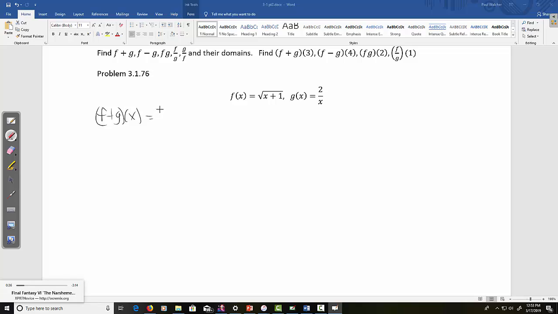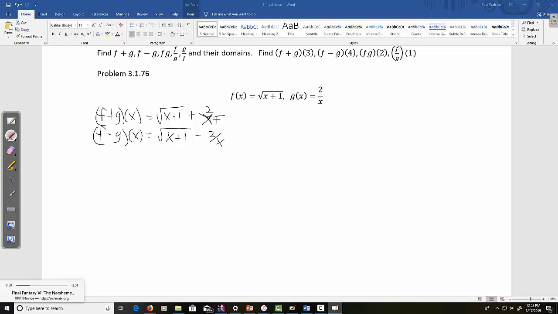Unless you're dealing with another root, you often can't do that much simplification. So square root x plus 1 plus 2 over x. There we go. F minus g of x would be square root of x plus 1 minus 2 over x.